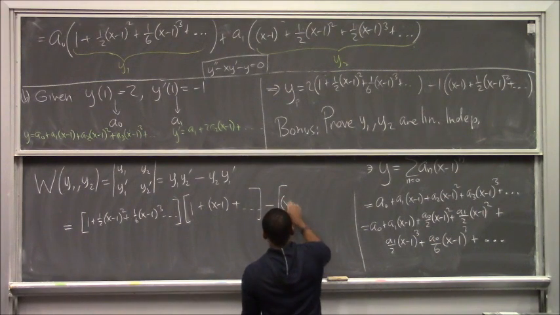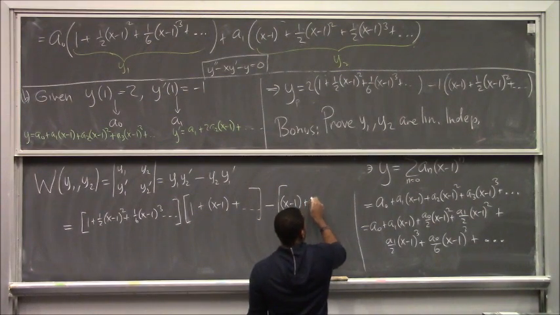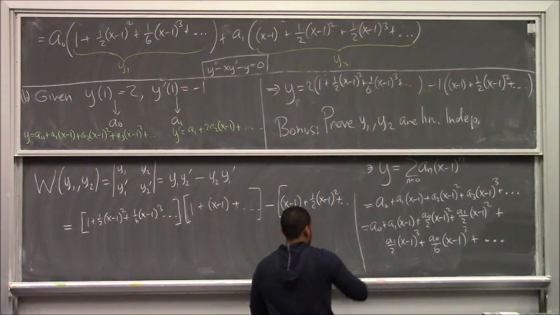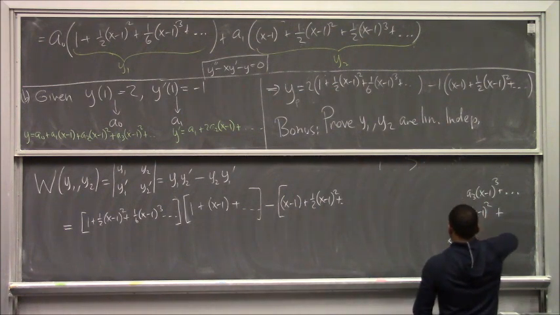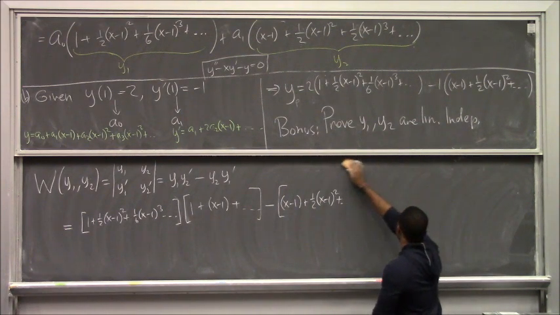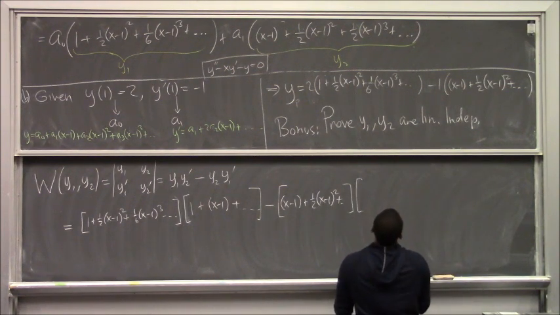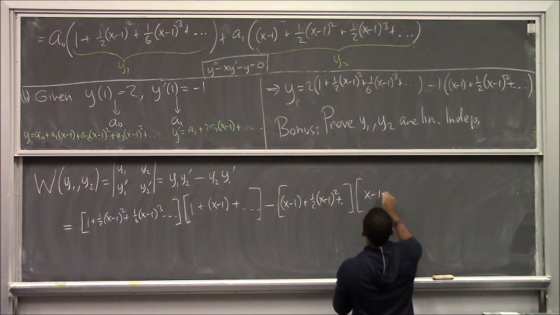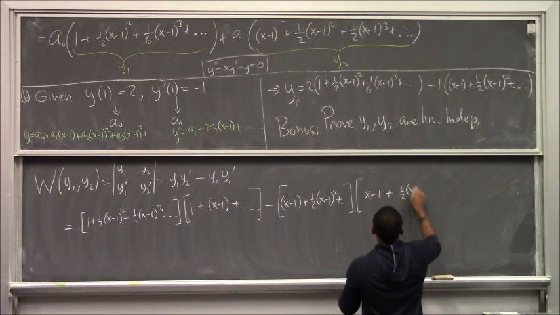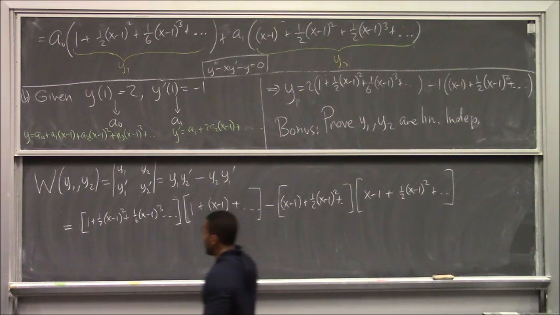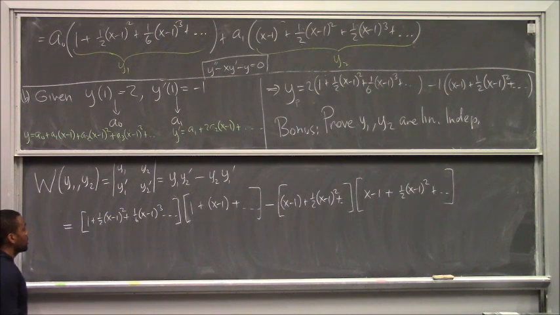Y2 is just x minus 1 plus 1 half x minus 1 squared plus and so on. Times y1 minus y1 prime times x minus 1 plus half x minus 1 squared. Now you factor. Oh, that's just that thing squared.